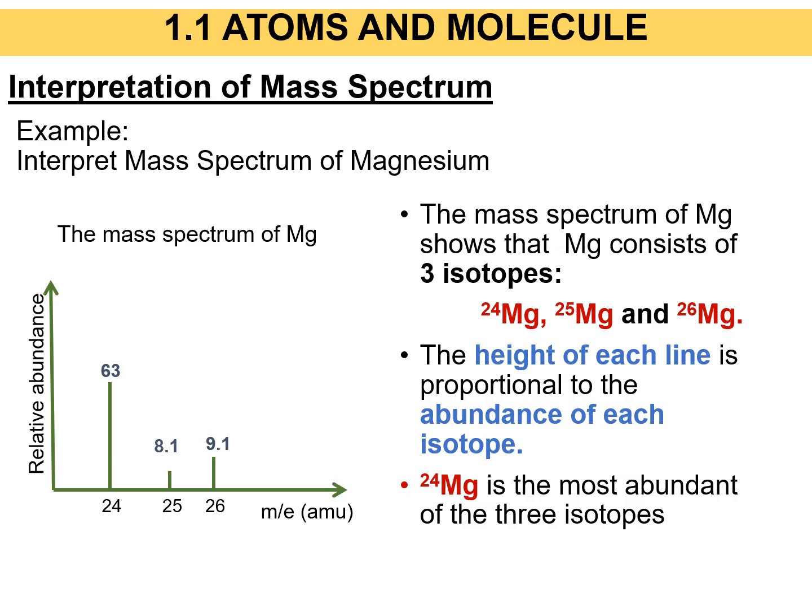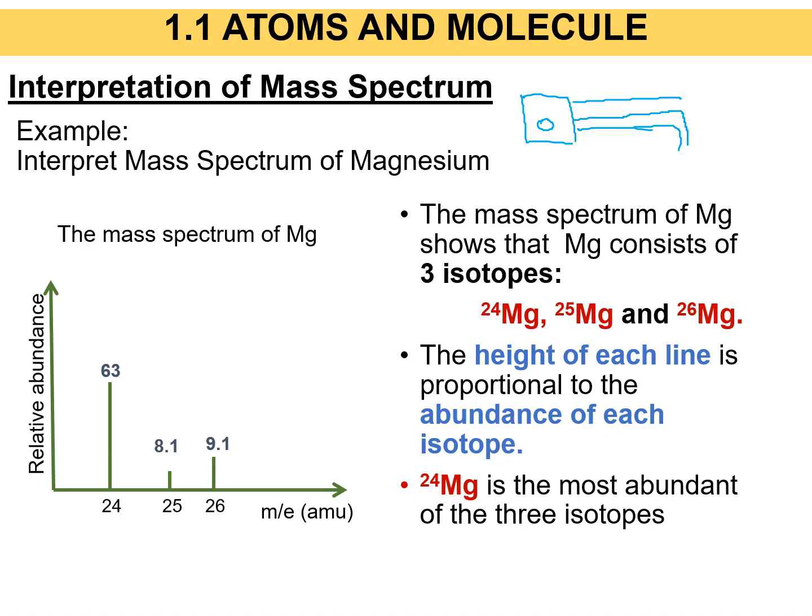Alright, so how we gonna interpret the mass spectrum? So basically, tadi kita belajar awal-awal macam mana kan bentuk mass spectrometer kan. So basically, if let's say you letak you punya elemen kat sini lah, this is the vaporization chamber. Lepas tu dia akan berjalan, dia kena panas. Lepas tu dia akan deaccelerate dekat acceleration chamber.